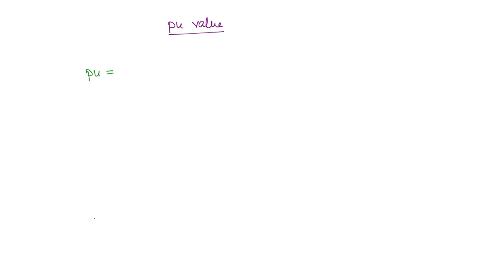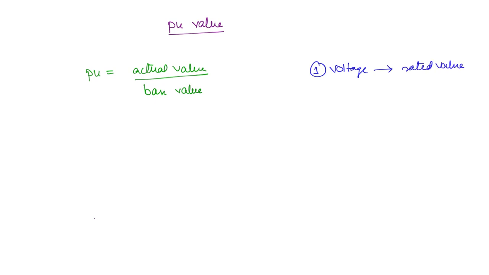This is going to be the ratio of the actual value and the base value. Now the base values, how do we set? We set the base values for two quantities. Usually that is going to be the voltage. We take the rated value as the base value.